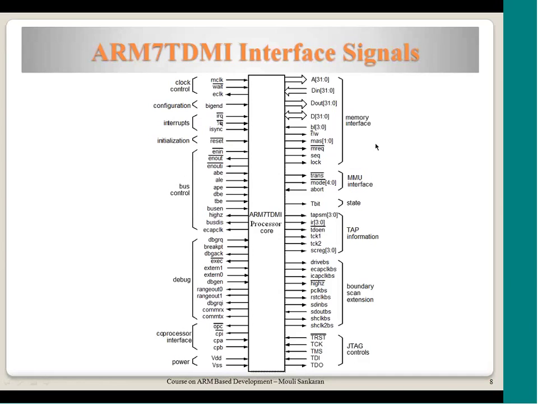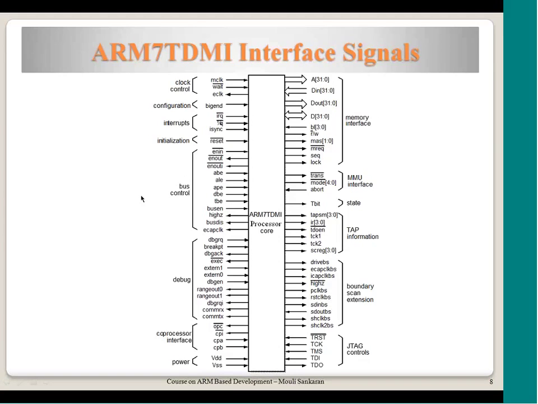Now, why are they not giving any pin numbers here? The reason is that this is not coming as a single chip. This is an IP, intellectual property core, which is going into some other SoC. So these signals will be going into other modules within the chip, and then those signals come out of the IC.